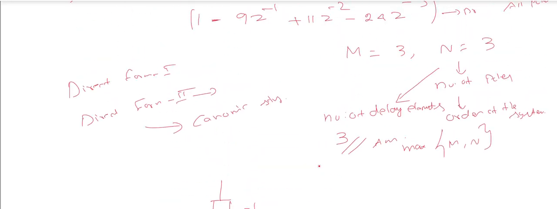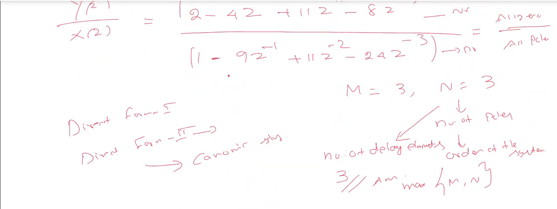So what are the coefficients? Left hand side is always poles, right hand side zeros. So what are the poles here? 9. So you write 1 minus of 9 z inverse minus 11 z minus 2 plus 24 z minus 3, because the formula is 1 minus.